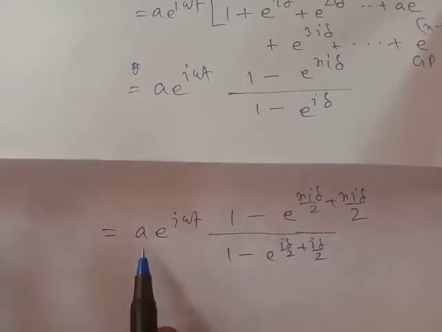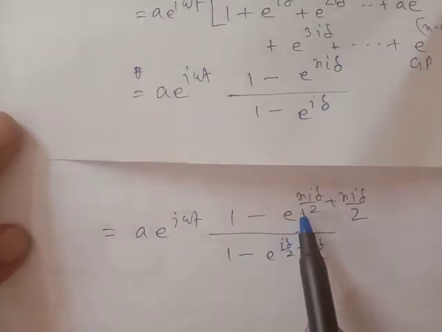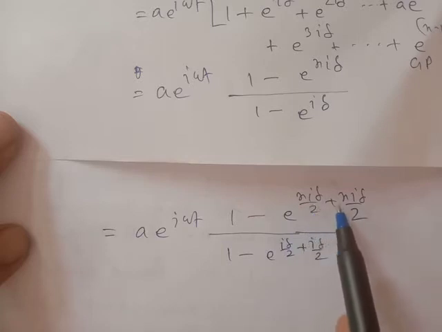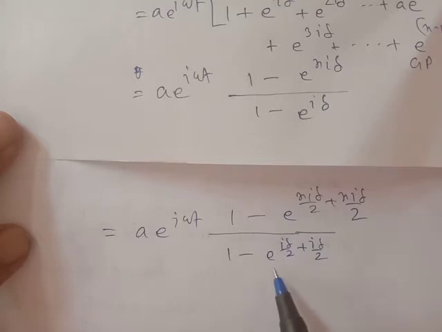Next we can write a e to the power i omega t, 1 minus e to the power n i delta in terms of e to the power n i delta by 2, and similarly for e to the power i delta by 2.